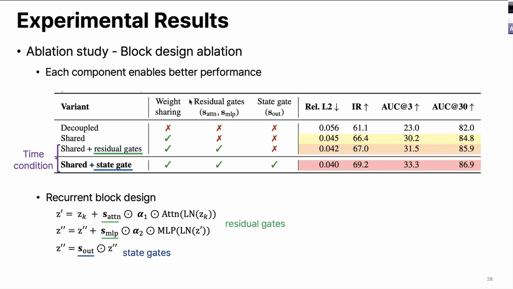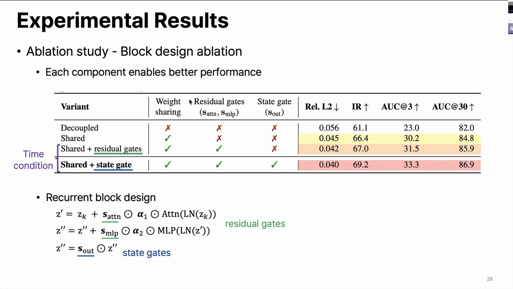And the evaluation study shows the effect of their block design. The decoupled baseline uses independent parameters and performs worse in the first row.